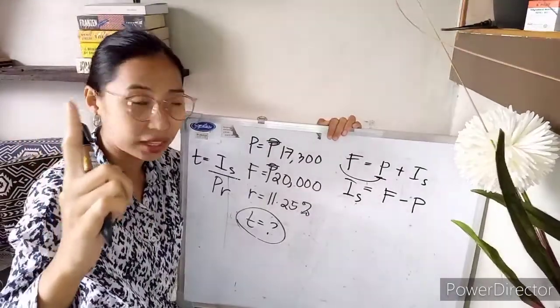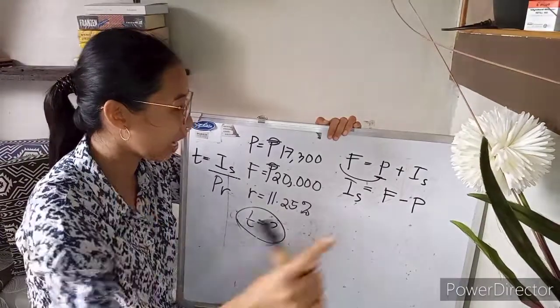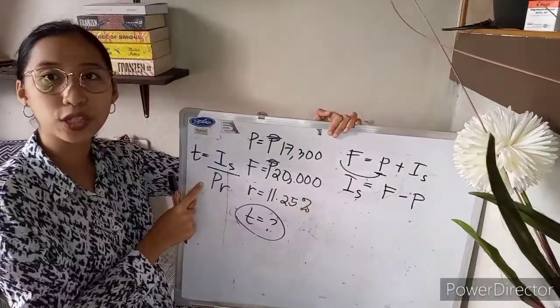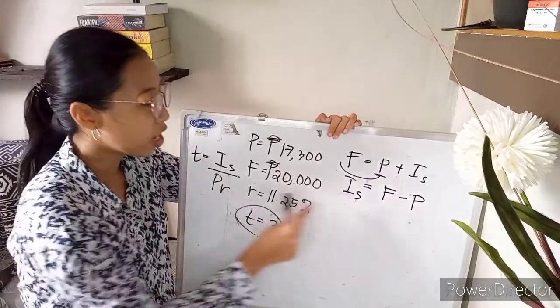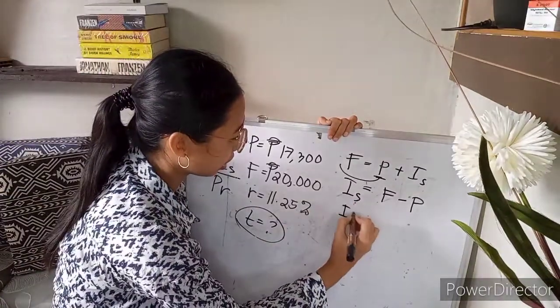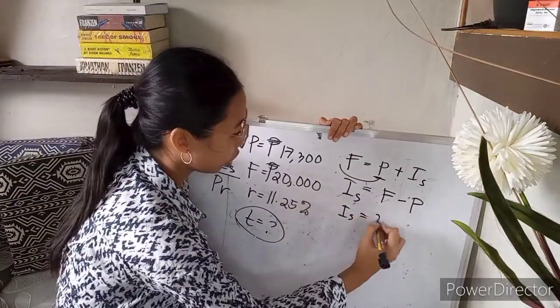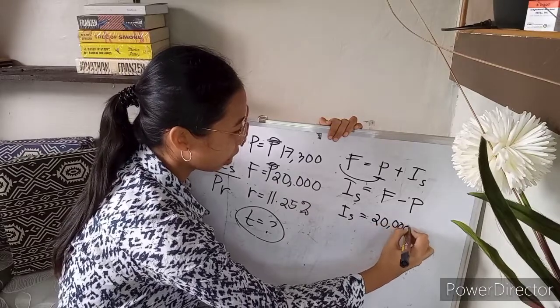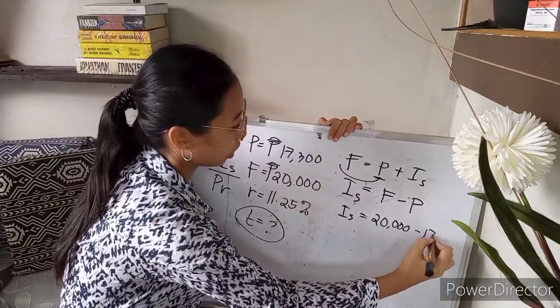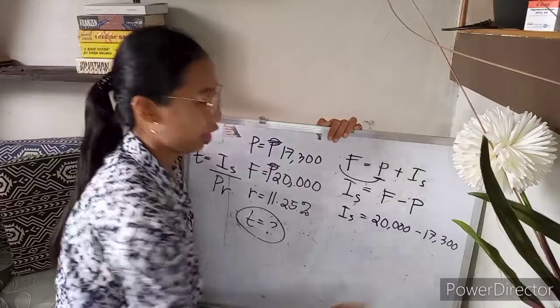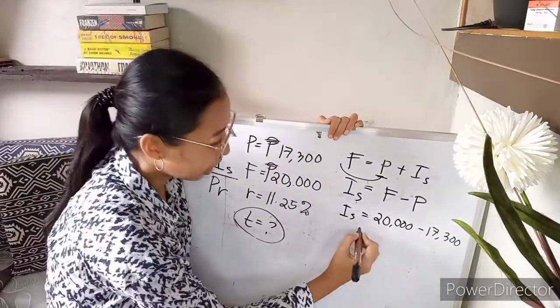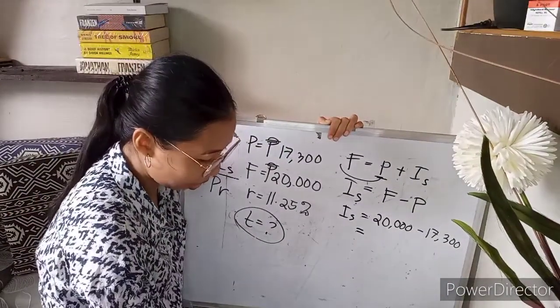So, first step na to is atong pangitaon si I_s before ta mo proceed sa atong second na formula. So, I_s is equal to F which is 20,000 minus na nato og 17,300. Okay? Ang answer nato ana is how much?